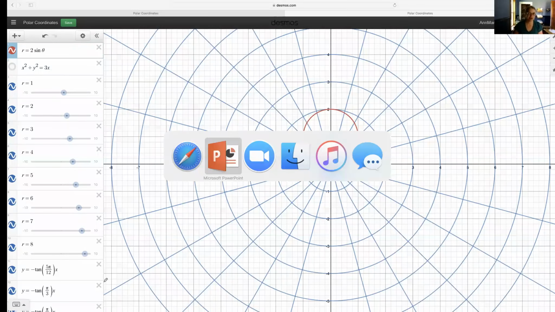We're going to use those same relations that we used before. We know that x squared plus y squared equals r squared. And we know that sine theta equals y over r. So let's make this substitution first. And we get r equals 2 times sine theta, but sine theta is y over r. Let's multiply through by r, and we get r squared equals 2y.